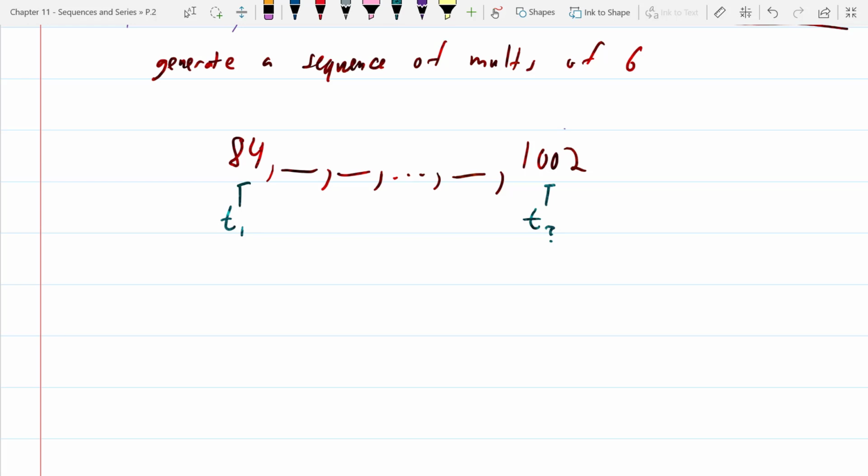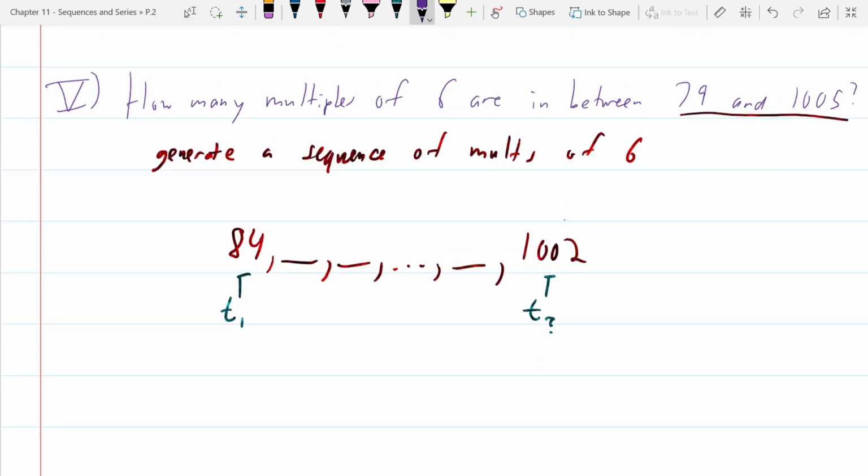Well, I can answer that if I know the general formula for the sequence. If I'm going to generate the sequence, my next multiple of 6 would be 90, and my next one would be 96. That is a common difference of 6. And I know that t of 1 is 84.